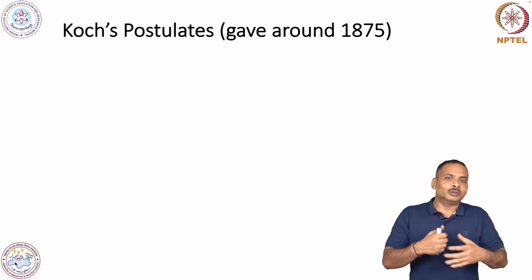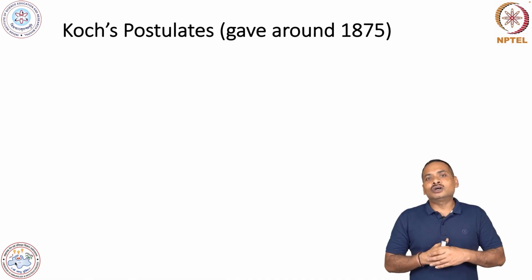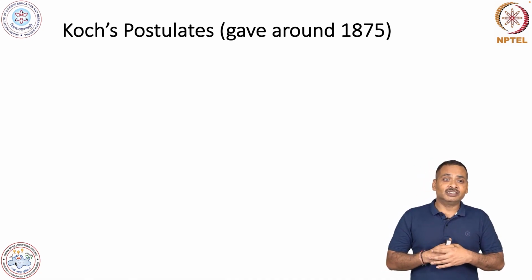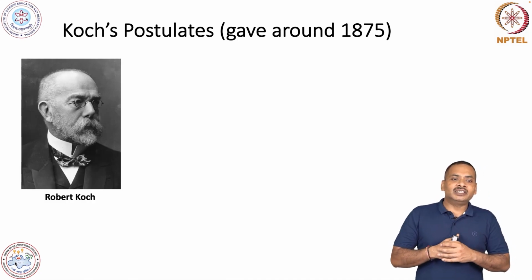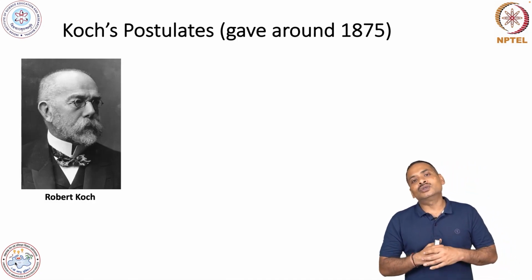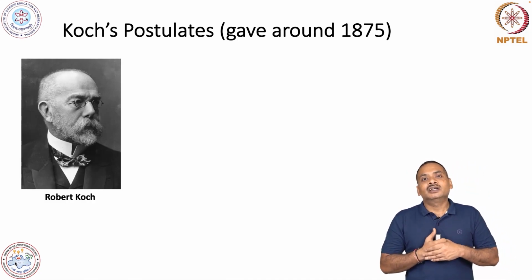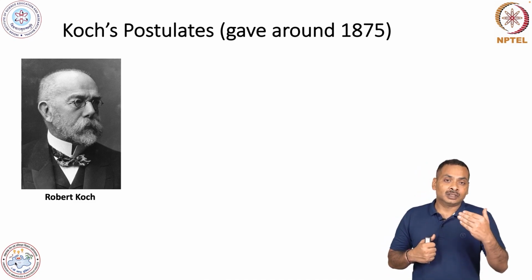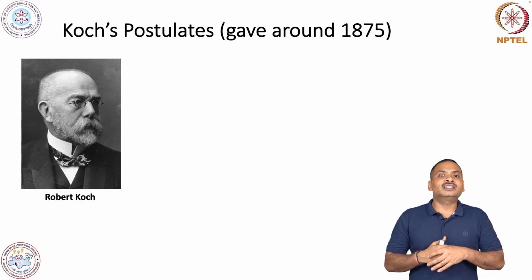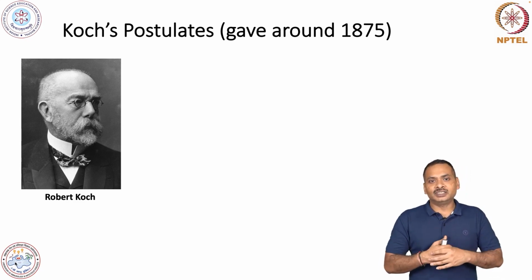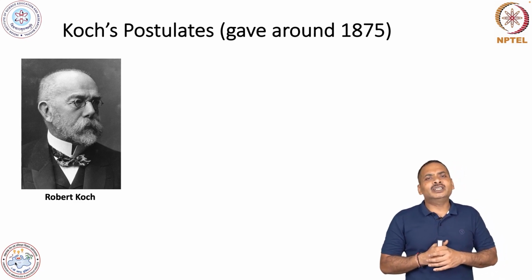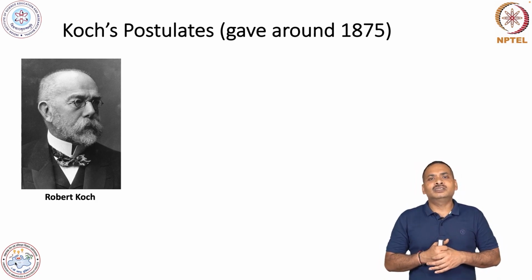So Robert Koch gave the Koch postulate in 1875, and basically his model was a rabbit, and he used the pathogen anthracis, as you have seen in the previous slide. He made one very simple experiment.